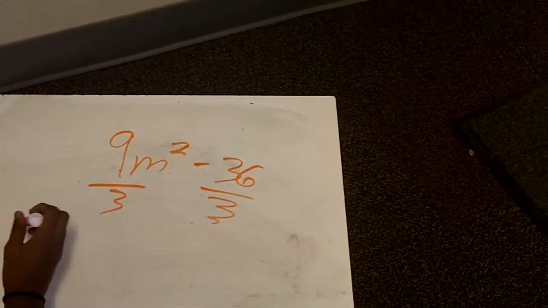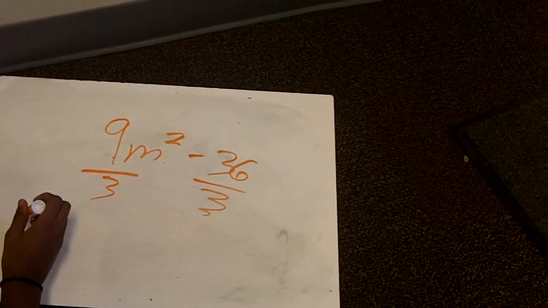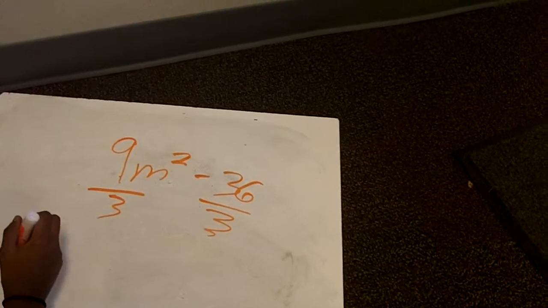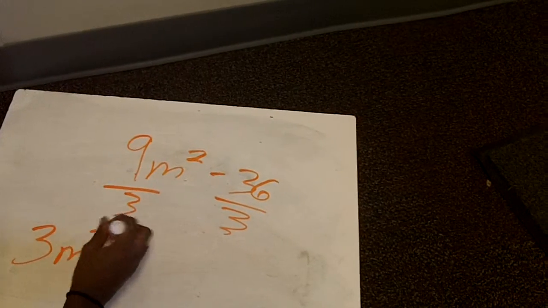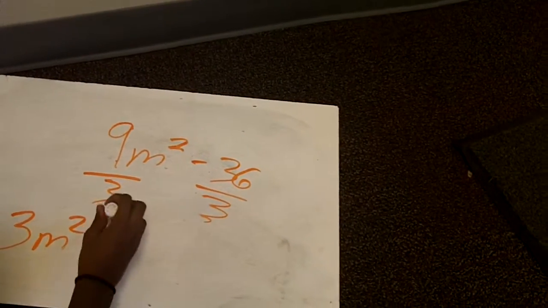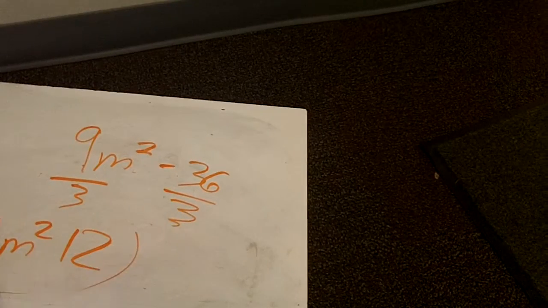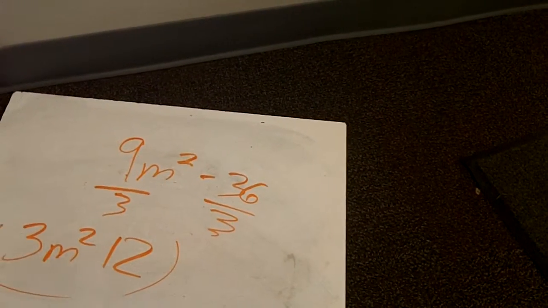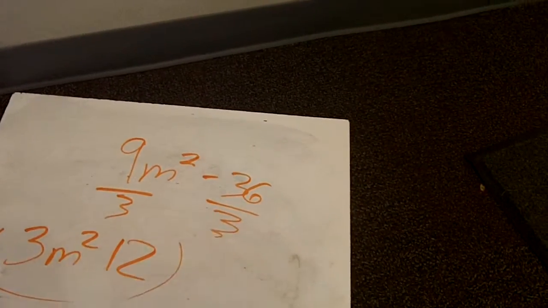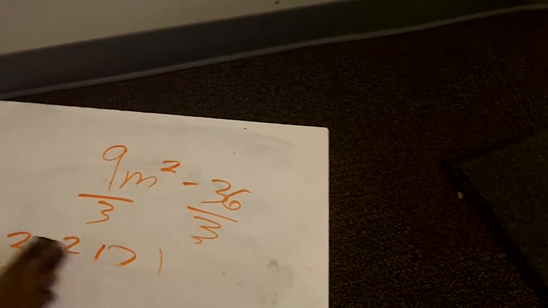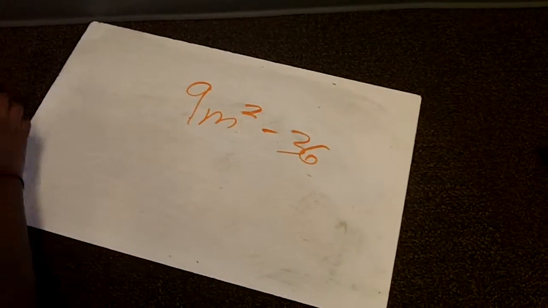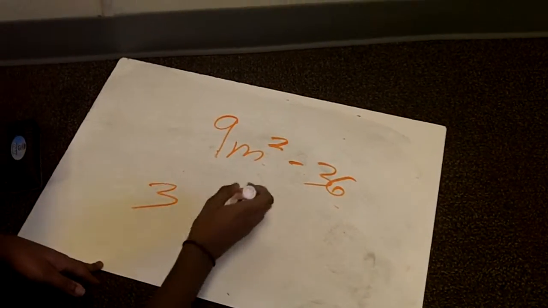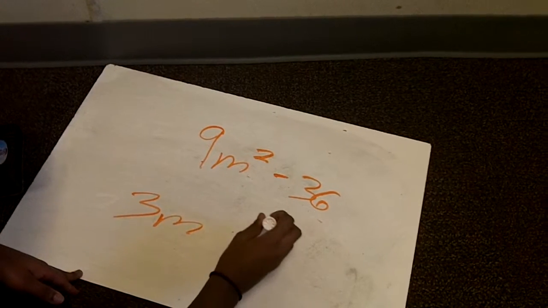And dividing 9 by 3 would be 3, and 36 divided by 3 is 12. And I'd call that my answer. I forgot that these were both squares, but I thought this was how you did it. But now I know to divide these by their square roots, and so then I get the correct answer, which is this.